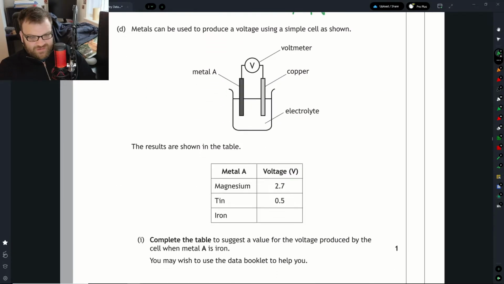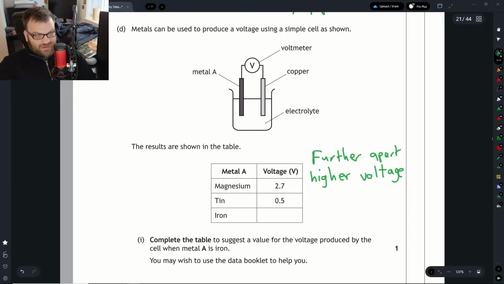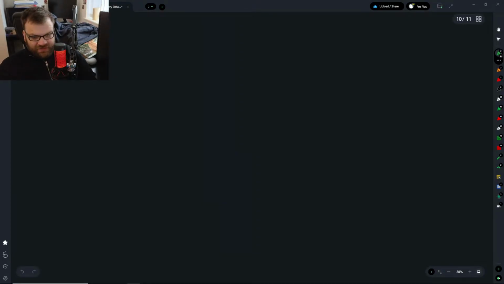Again, next up we have got to look at our voltages. So we are comparing chemicals. In a cell, the further apart the metals are on the electrochemical series, the higher the voltage. They're combined with copper, and it's magnesium, tin, and iron.